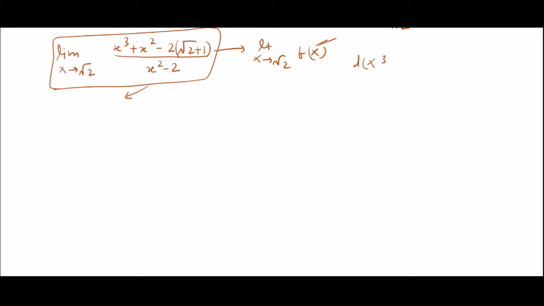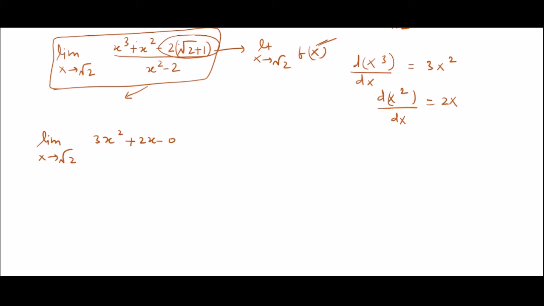the differentiation of x cube with respect to x as 3x square and the differentiation of x square with respect to dx as 2x, right? So we can write limit x tends to root 2 3x square plus 2x minus 0 because the differentiation of a constant function is 0, whole upon 2x minus 0 again.